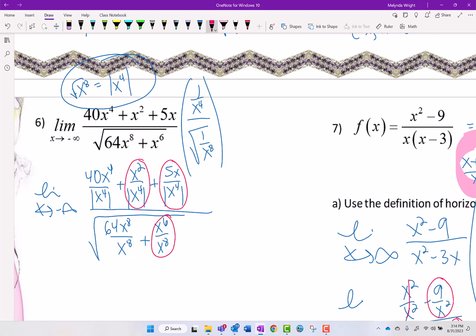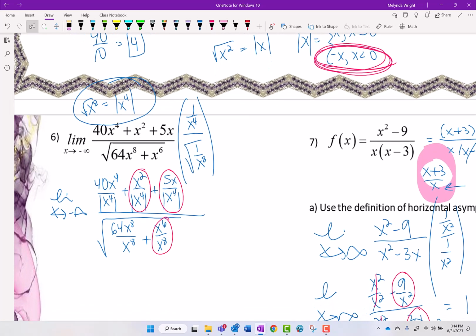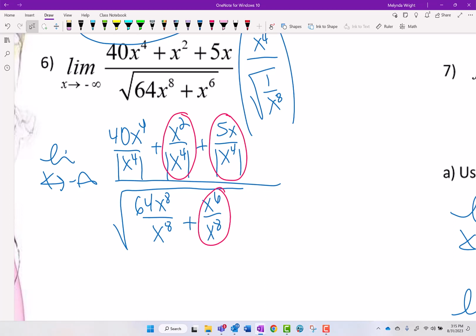Okay, so here's the weirdness. We're going to negative infinity. We're using the negative side. So when I work with this, I only want the negative side, and this is just to save me work from rewriting. I'm going to turn that to negative.